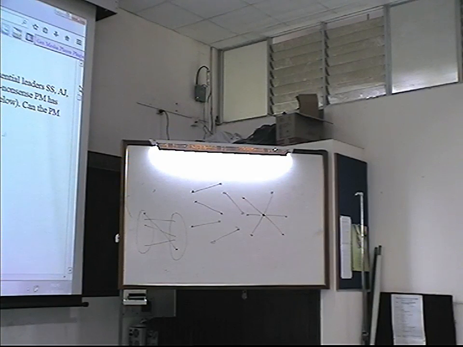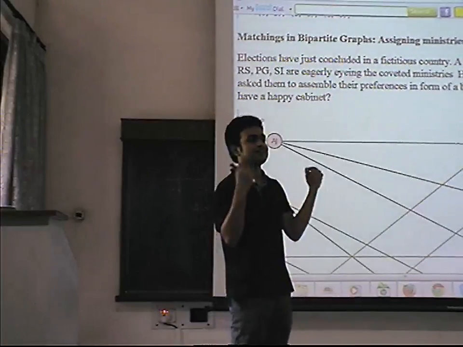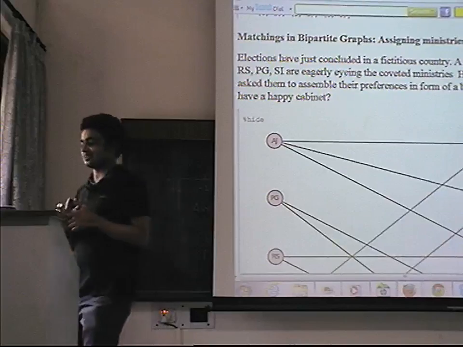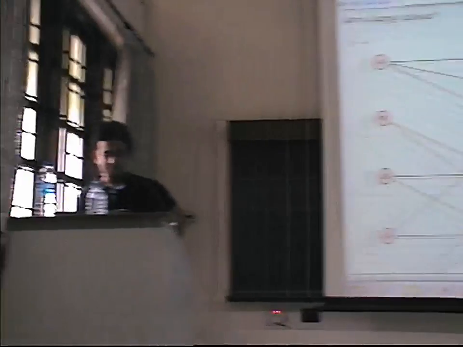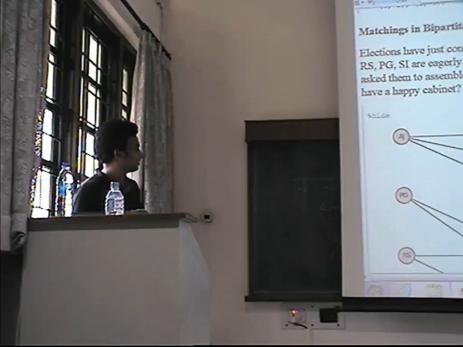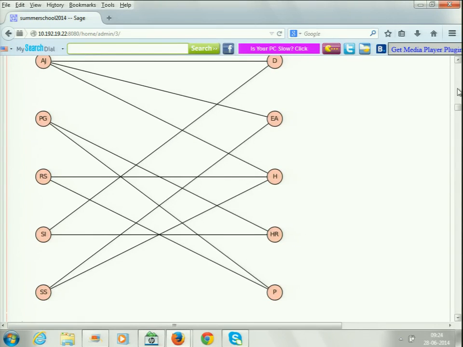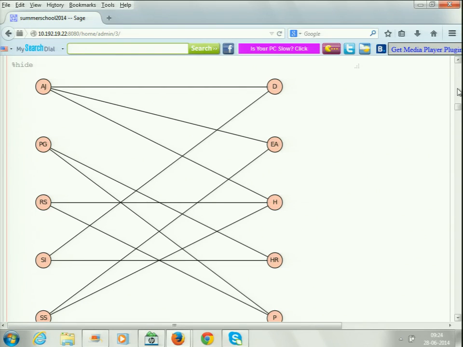So let's see some situation where you may require a maximum matching. A matching is called perfect if every vertex gets a matching edge, or every vertex is matched. If you can match every vertex in the graph, you call it a perfect matching. Let's say this is a cabinet problem. On the left side are ministers and on the right side are ministries, and the PM has asked these ministers to indicate their interest in a ministry by drawing an edge.